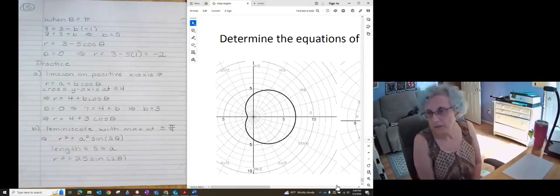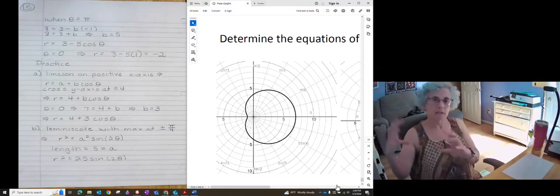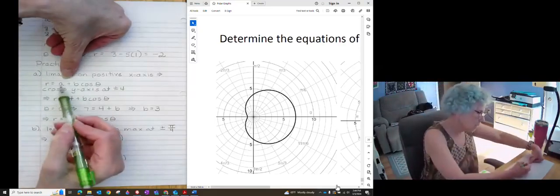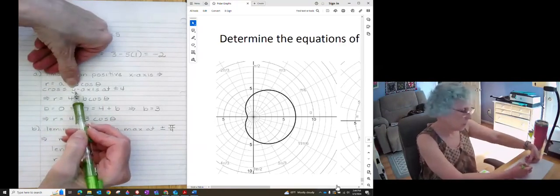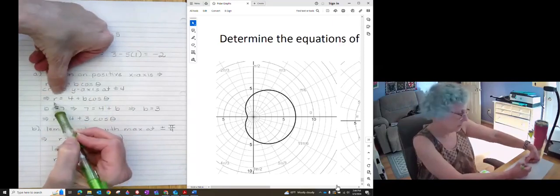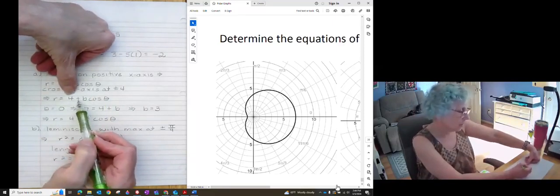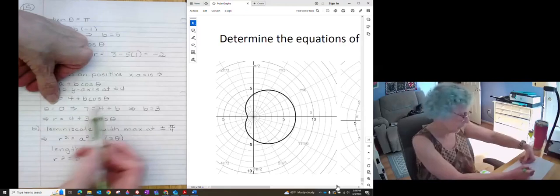So starting with the dimpled limacon, it lives mostly on that positive x-axis. So we know that it's a plus b cosine theta. It crosses the y-axis at plus or minus 4. So I know that it's r equals 4 plus b cosine theta.